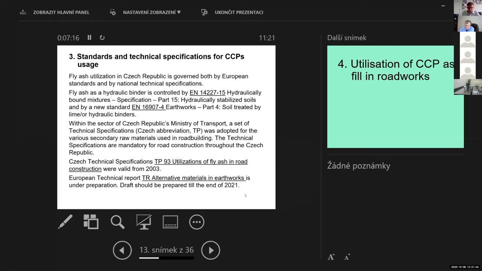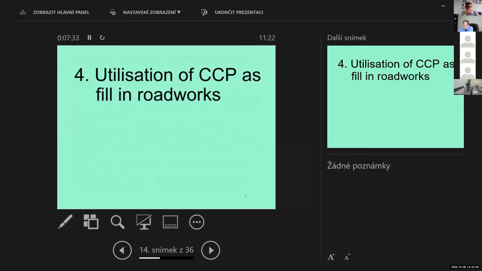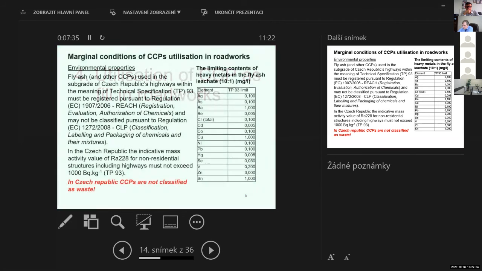Now, there is under preparation a technical report, the European standard, concentrated on alternative materials in earthworks. Draft should be prepared till the end of 2021. And something about the utilization.